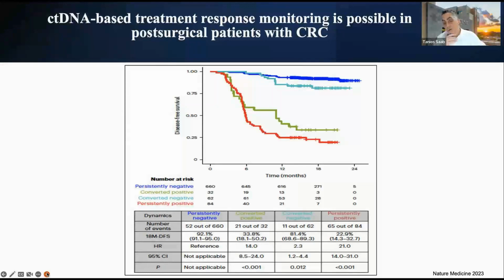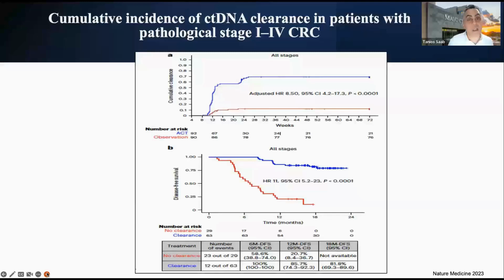We don't know whether the switch is related to chemotherapy, and we've seen some differences in the previous slide. It could be that we're clearing some of this, and that actually came in the next analysis, the clearance analysis from the study, which essentially did show that with adjuvant chemotherapy, there is ctDNA clearance in those patients versus those who just went on observation.